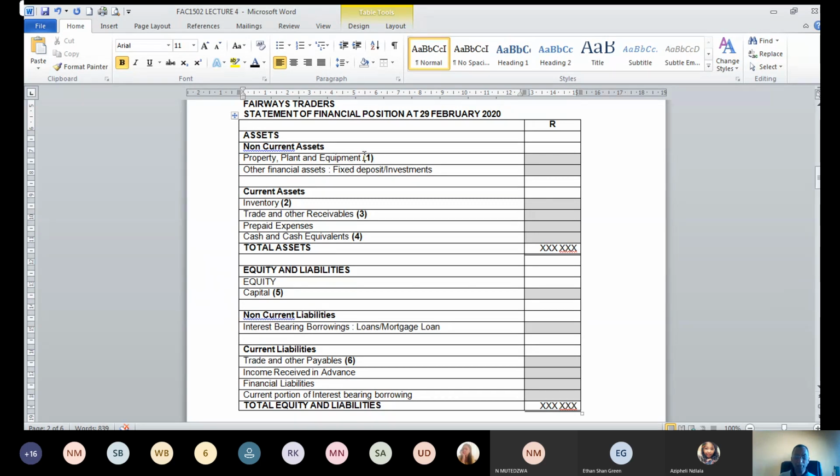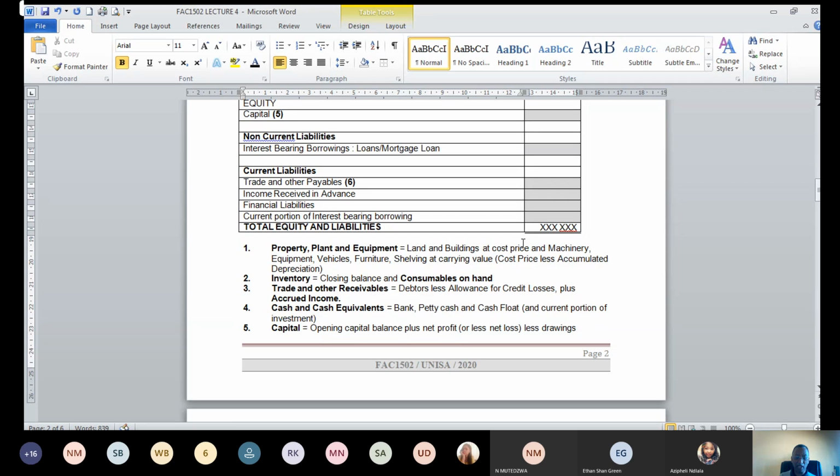So when we speak about property, plant, and equipment, in the notes, I've given you guys an explanation there. Note number 1, I say property, plant, and equipment consist of land and buildings, and that must be shown at the cost price. Machinery, equipment, vehicles, furniture, shelving, whatever you get, you show that at the carrying value. Now, carrying value is cost price minus accumulated depreciation.